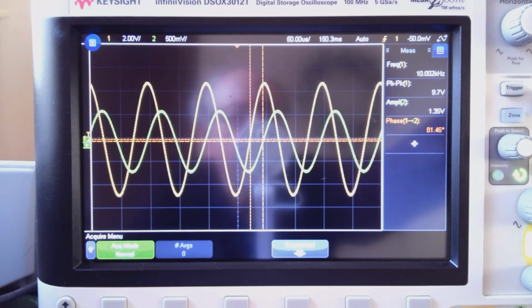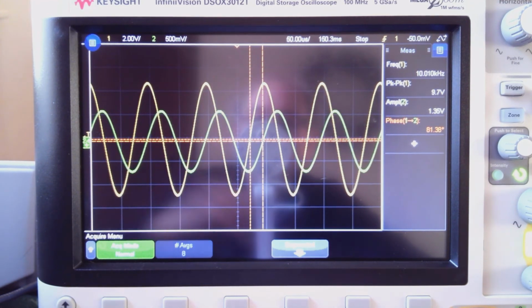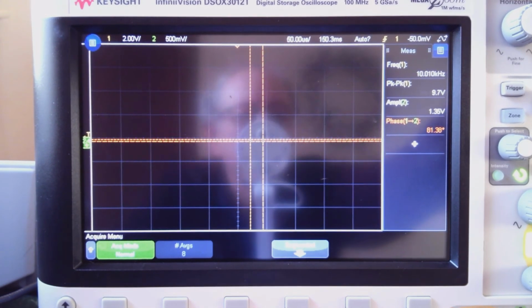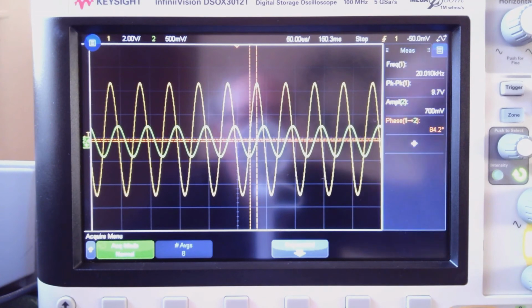At 10 kilohertz, we've got 9.7 volts going in, 1.35 volts coming out, and 81.38 degrees for the phase angle. The phase angles are going to get wonky, so let's bear with them. We'll go to 20 kilohertz: 9.7 volts going in, 700 millivolts coming out, and about 84 degrees for a phase angle.